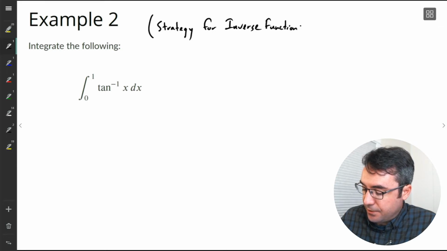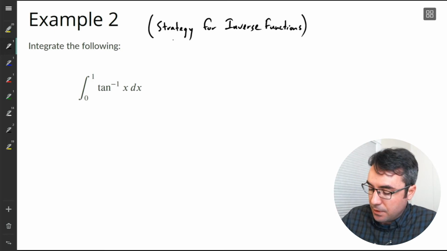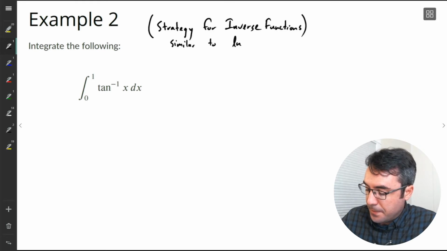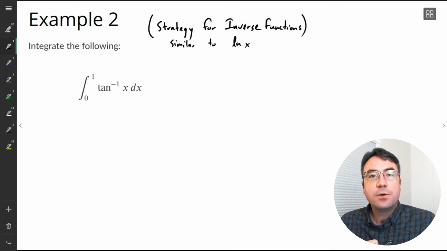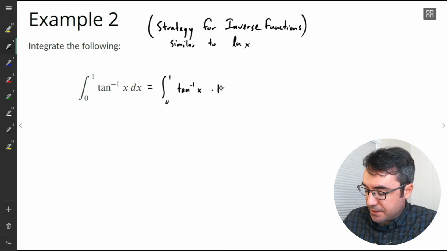So when we're just integrating an inverse function just by itself like this, similar to what we did for natural log, our strategy was to rewrite this. It's sort of a trick, but we want to rewrite this as a product.